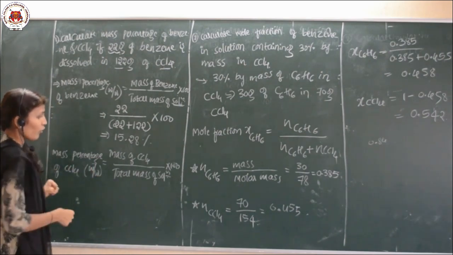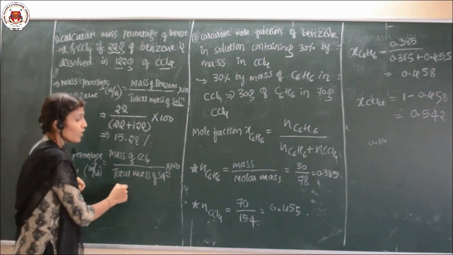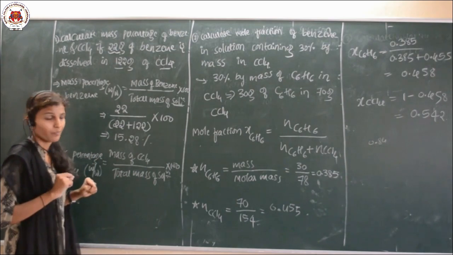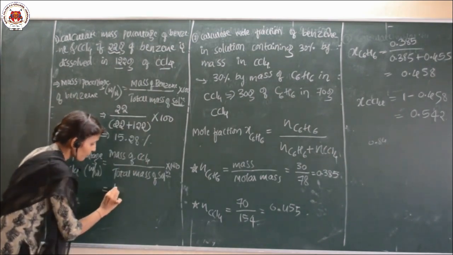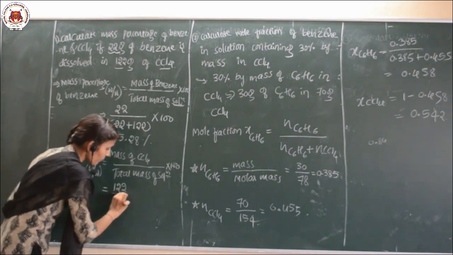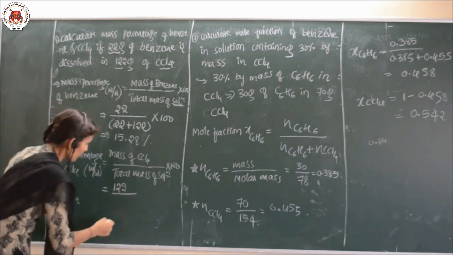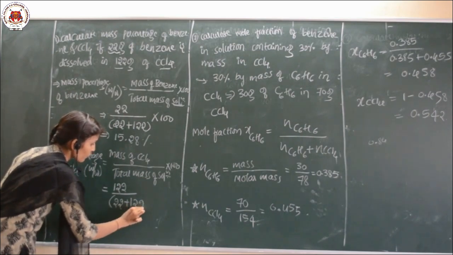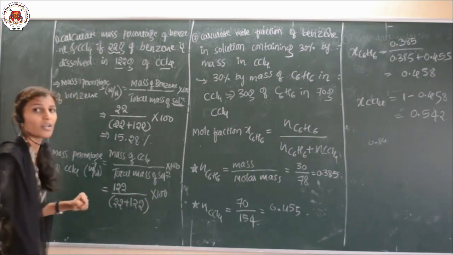Here again the formula is mass of the CCl4 divided by total mass of the solution into 100. So here the mass of the CCl4 is 122, and the total mass of the solution is again 22 plus 122, into 100.